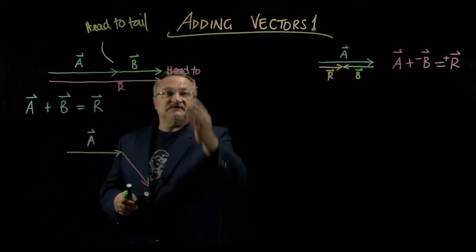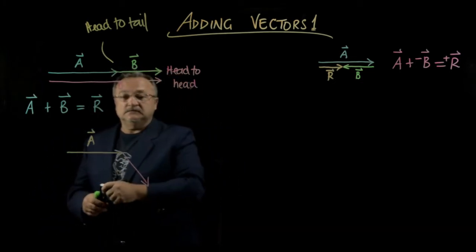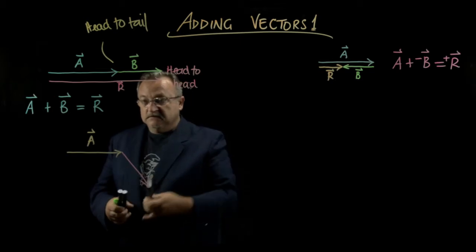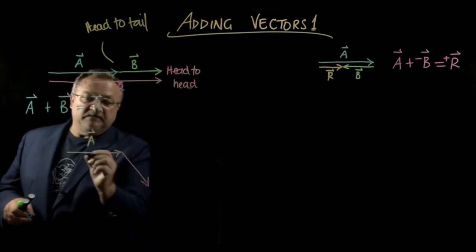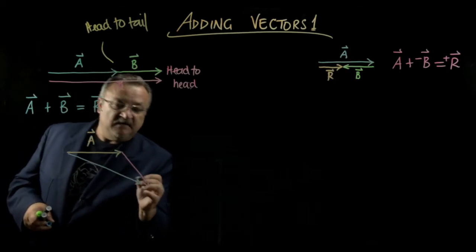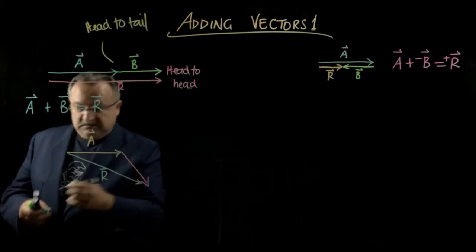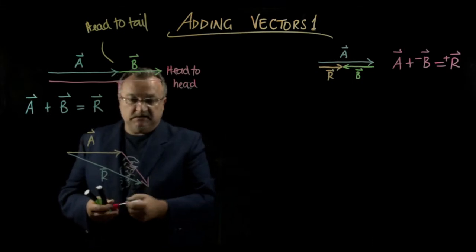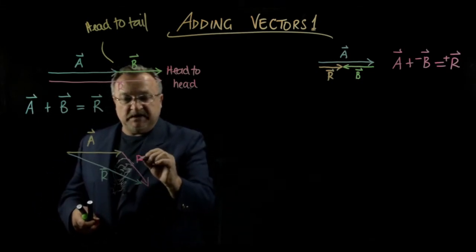We're still applying the principle head to head and head to tail. So the resultant here obviously would be head to head. So this is our resultant vector, and this is our vector B.